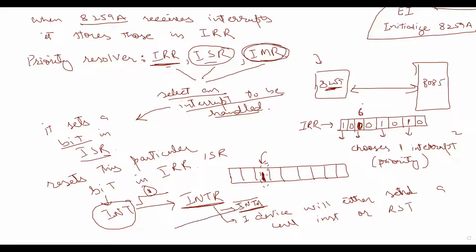Okay, so our 8259A device receives the signal through this pin because it also has this acknowledgement pin. After that, this 8259 device will send a call instruction.